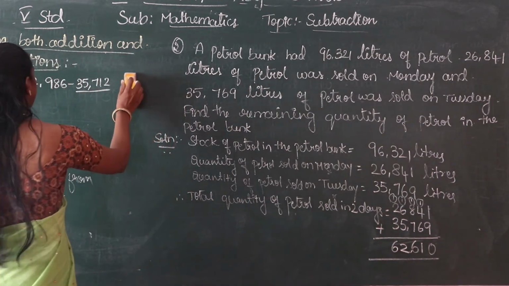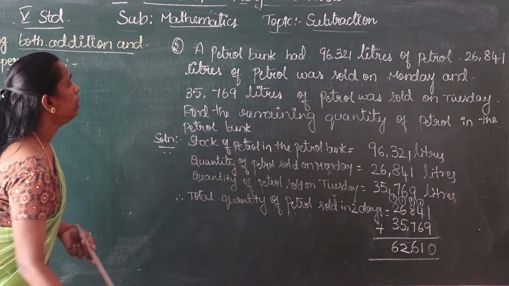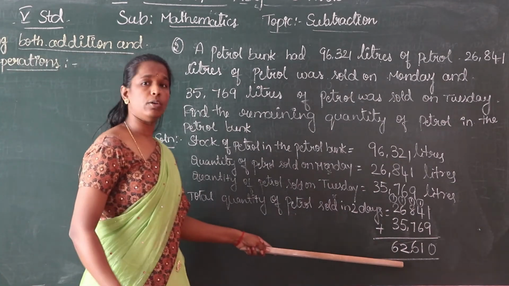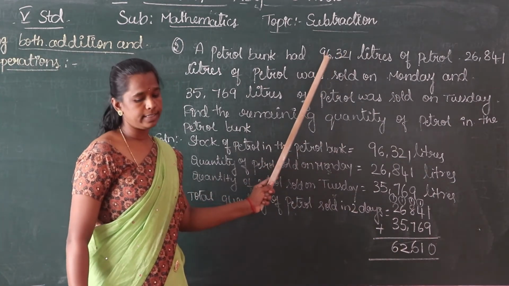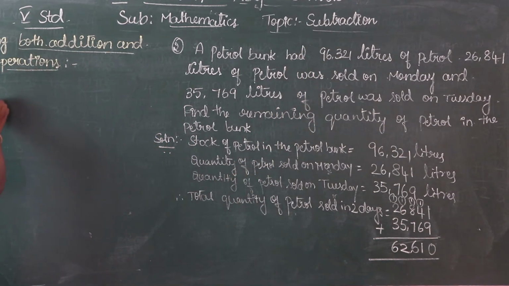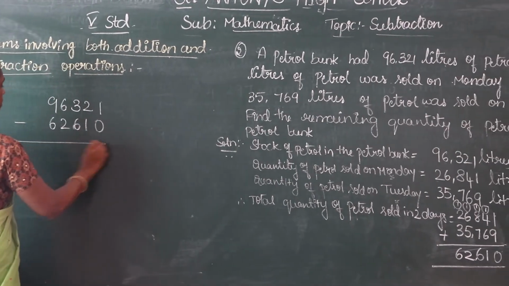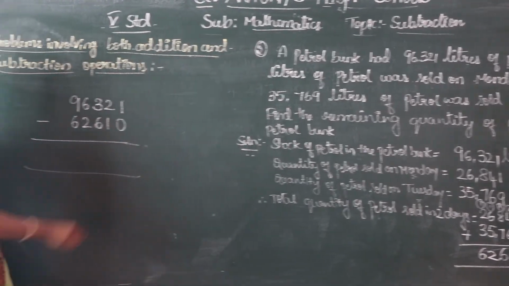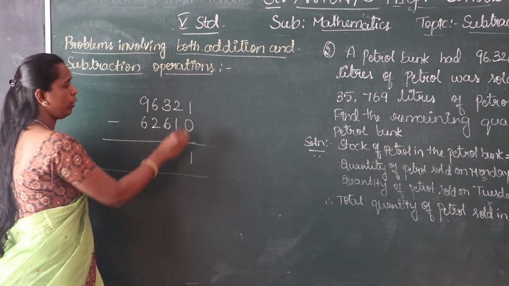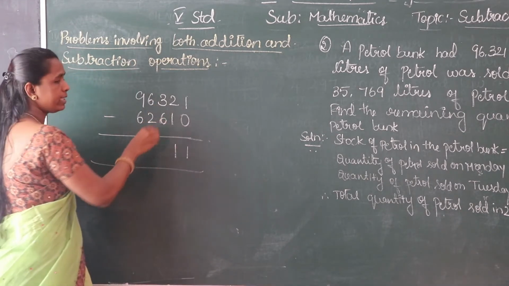And then the next operation is subtraction. For that, subtract this 62,610 from 96,321. 96,321 minus 62,610. 1 minus 0, 1. 2 minus 1, 1. 3 minus 6, it is not possible.